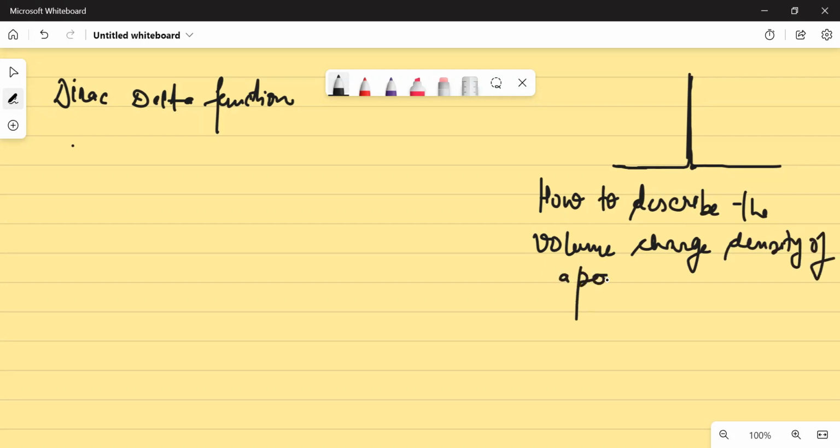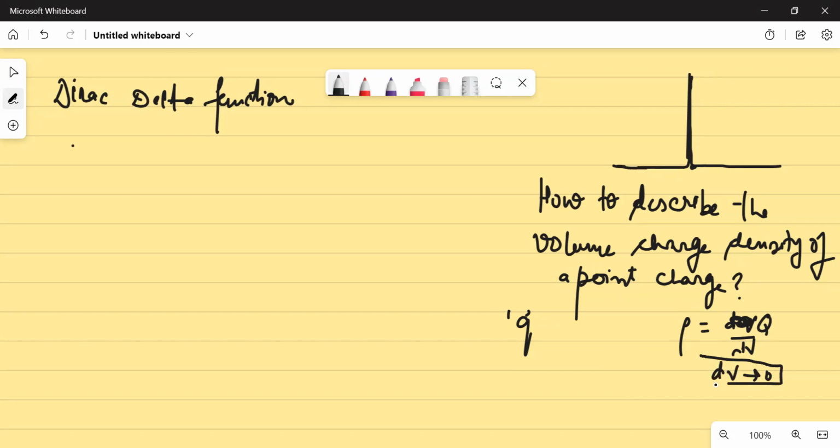Now, a point charge does not have a dimension. So when it does not have a dimension, how can you define something like dq upon dv, or q upon v, where the volume is almost 0? It's actually not even tending to 0, it's actually 0. So you do not have any such function which can define a volume charge density of a point charge.